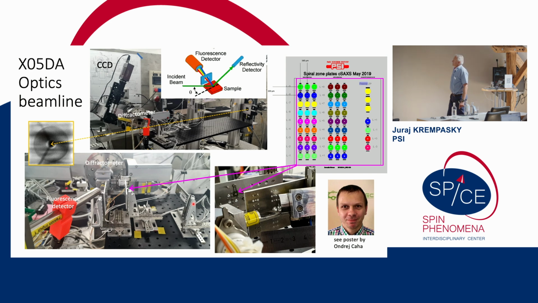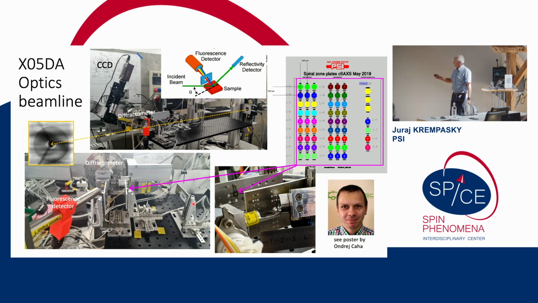This is my beautiful beamline where we did all these experiments. So this idea started, I think, back in 2020 during an experiment at BESSY. We were thinking how to make some fancy experiment, and Andrei will have a poster. He will explain more details on this setup.